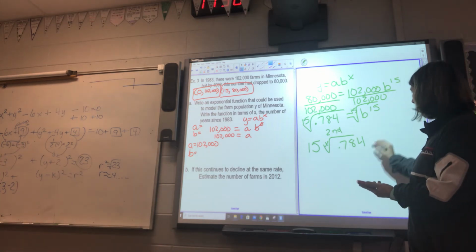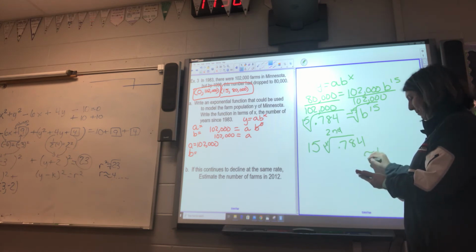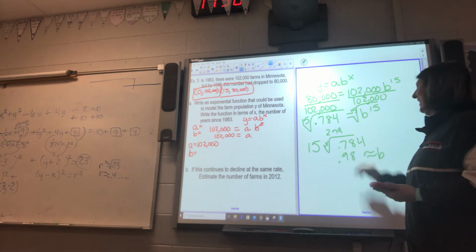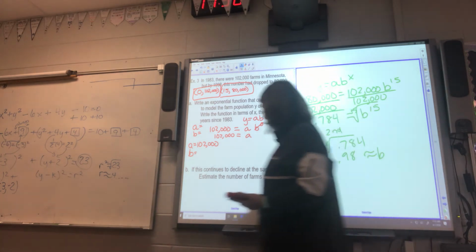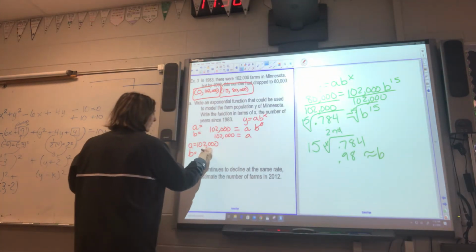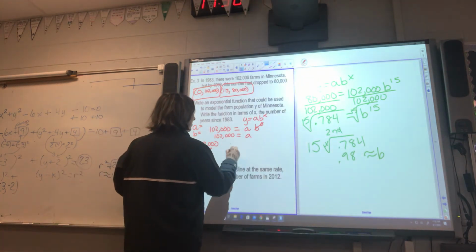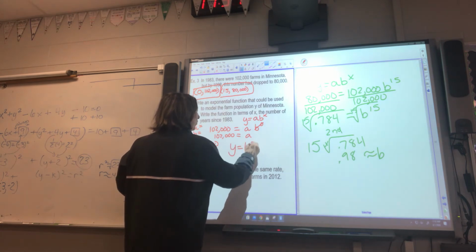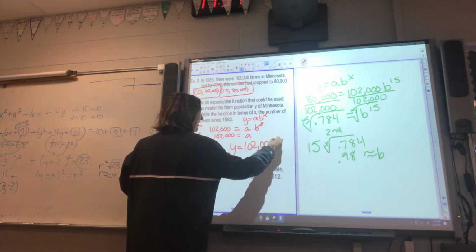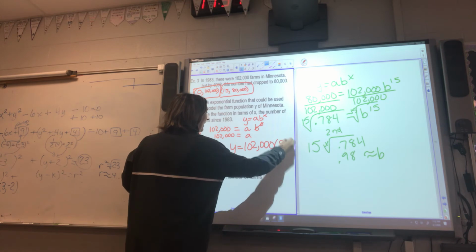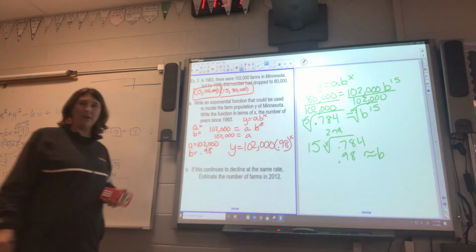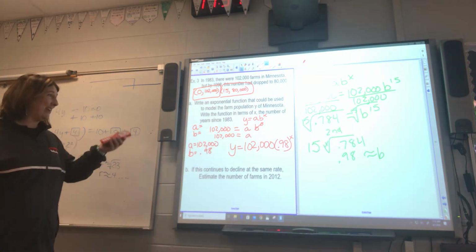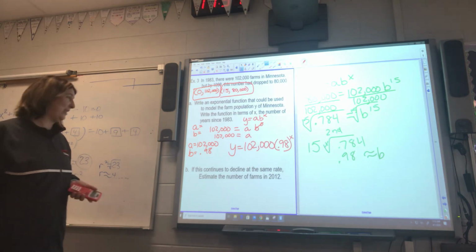And it looks like our B is approximately 0.98. So that is our B value. So our equation is Y equals 102,000 times 0.98 to the X power. And that's decay. 0.98 is less than 1, so it is decay.